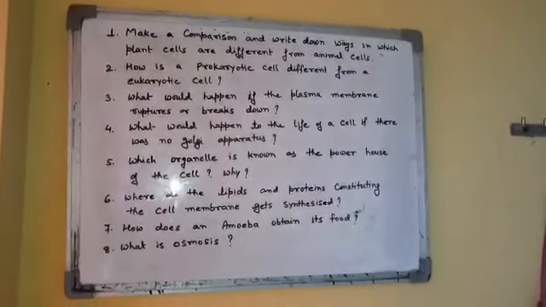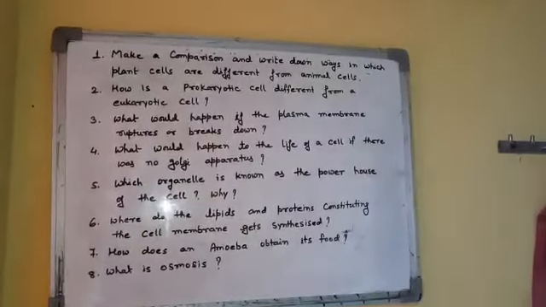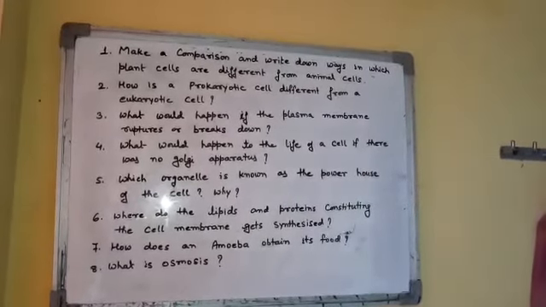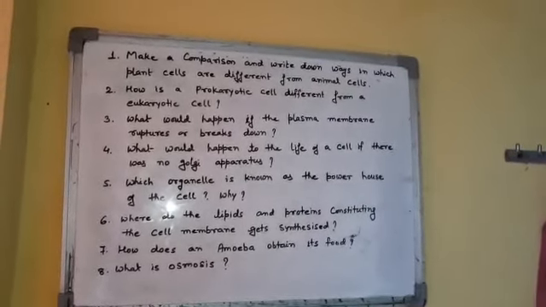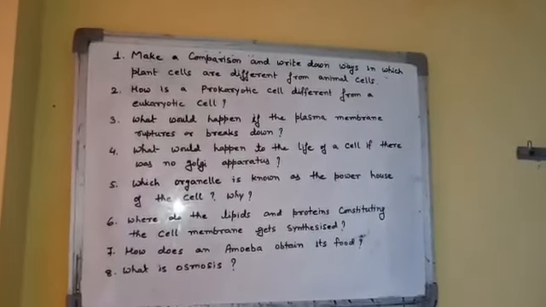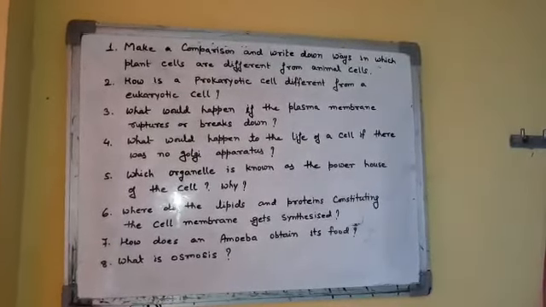So you will explain everything about osmosis, obviously with the help of diagram and example. So the eighth question, you will write down about osmosis, its types and its examples, everything.